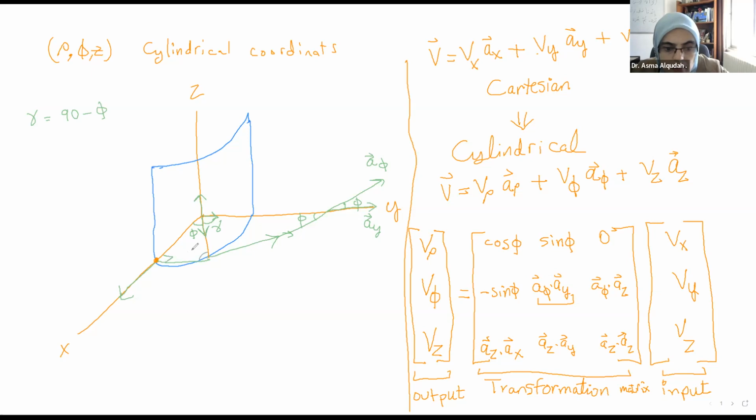This is gamma. This angle is 90 degrees as well. So this is 90, this is gamma, and this angle should be equal to 90. So this should be equal to phi.